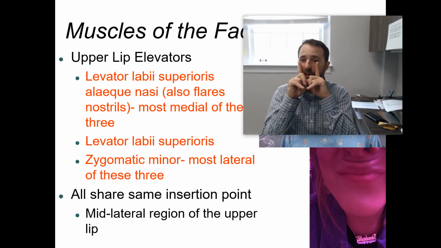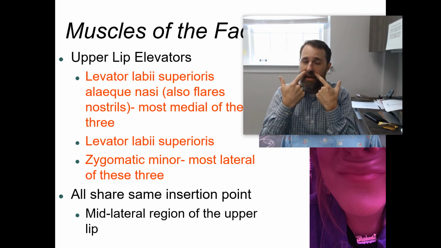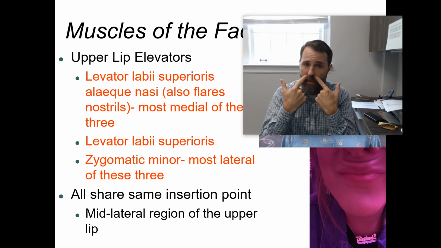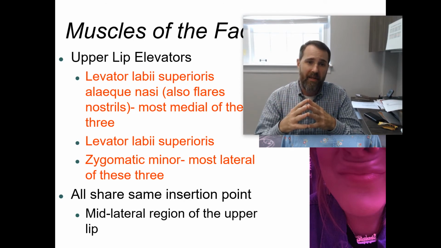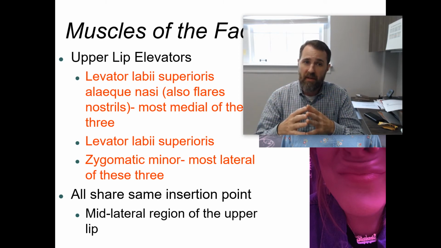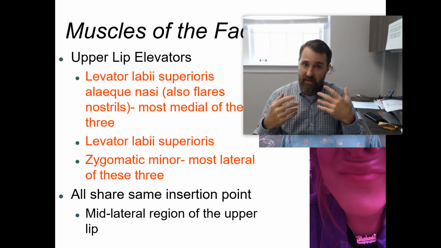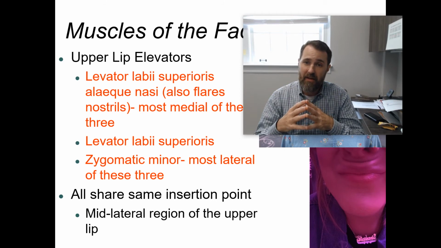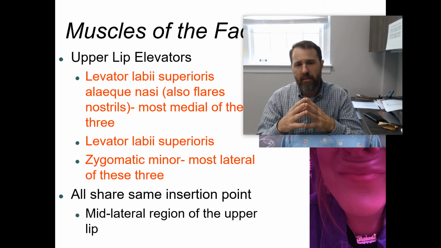So the most medial of these muscles is the levator labii superioris alaeque nasi. And then if we come a little bit more laterally, there is a muscle called the levator labii superioris. Both of these muscles begin with the words levator labii superioris. Levate the superior labii, so to lift the upper lip. So that's self-explanatory in a way.